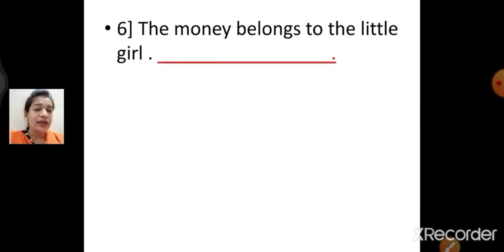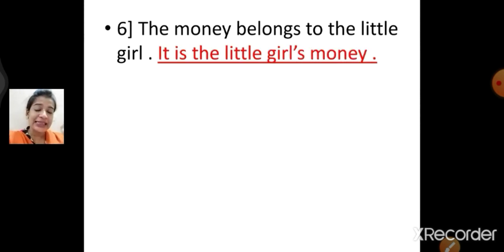See the sixth one. The money belongs to the little girl. And how are you all going to write the answer? Very good. It is the little girl's money.